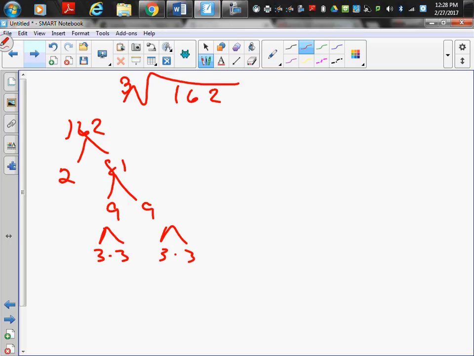Prime numbers are 2, 3, 5, 7, 11, 13, 17, 19, 23. So you have to break it down all the way until all you have is prime numbers.